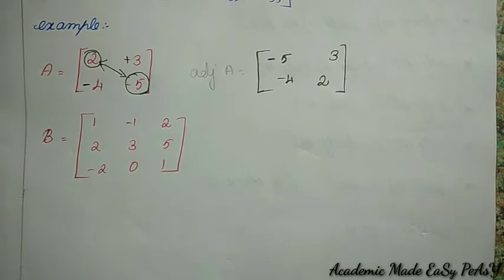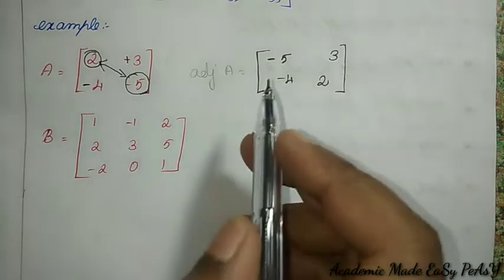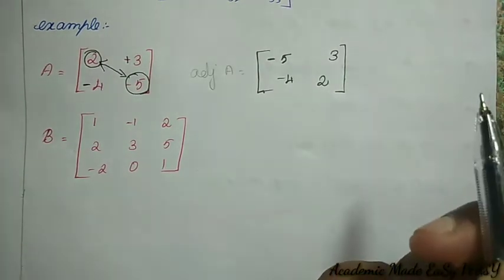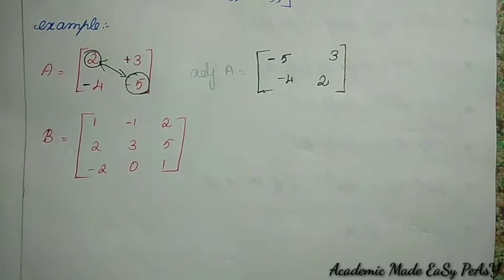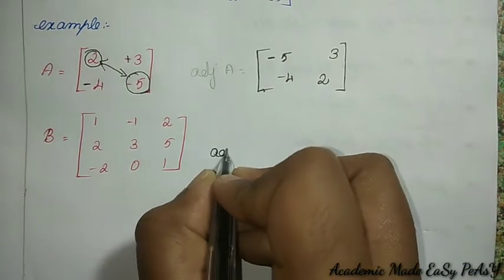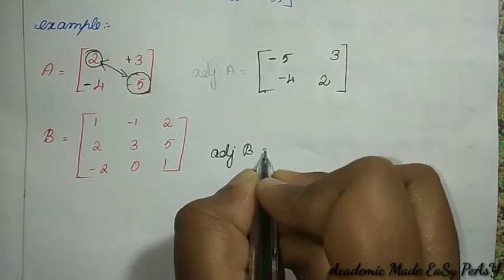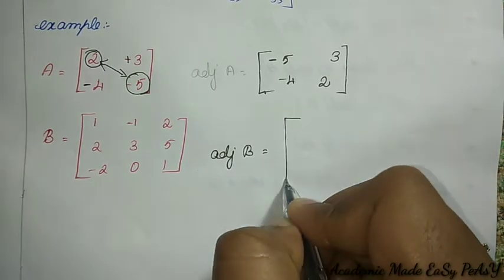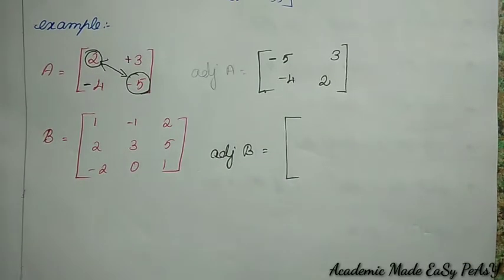This is the interesting one. More than the 2 by 2 matrix, the 3 by 3 matrix adjoint will be very interesting. At the same time, you have to have full concentration here. Adjoint of B. Now be very, very clear.